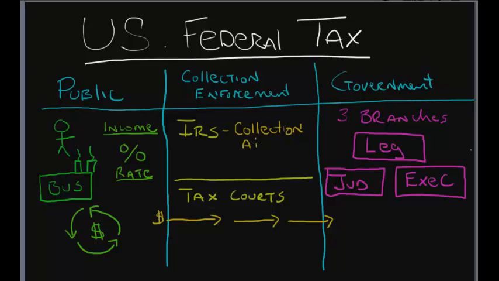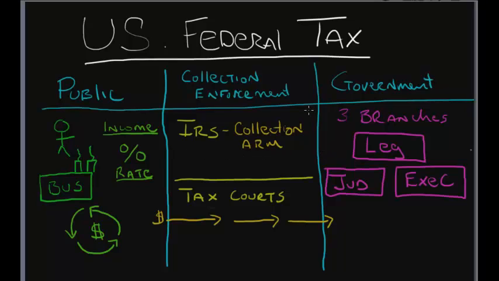So the area of the government whose responsibility it is to interface between the private sector, the public and businesses, and the government in order to move that money is the IRS, and that's what we do every year when we file a tax return.